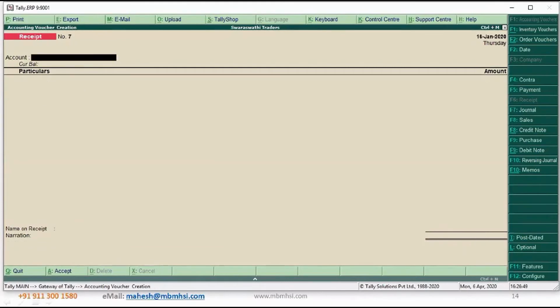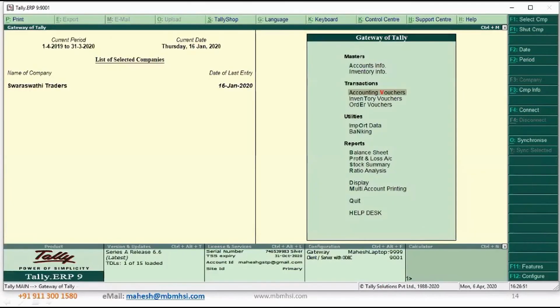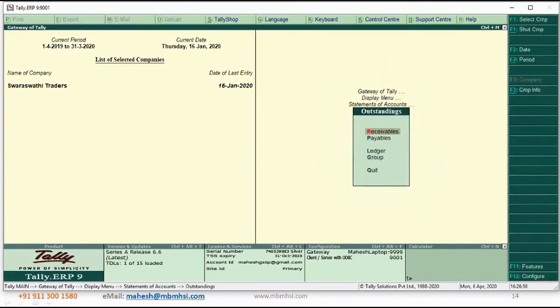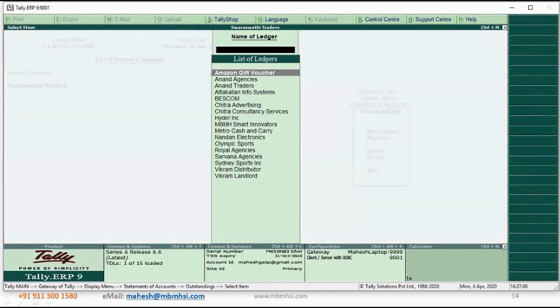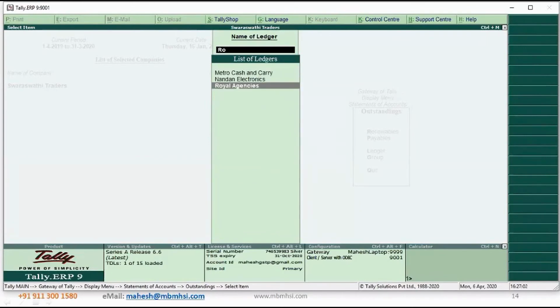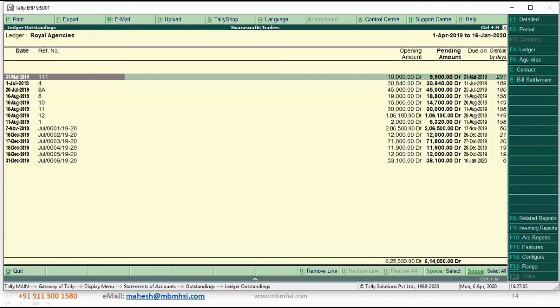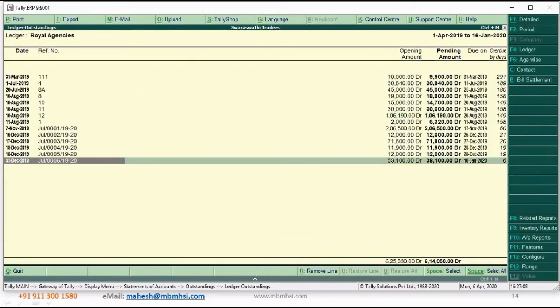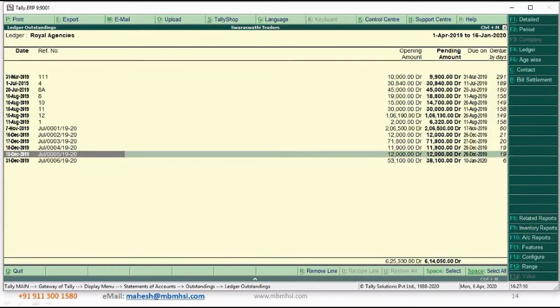Now let us go and look at the report. Display, statement of accounts, outstanding, ledger, Royal agencies. If you look here, this is my outstanding.